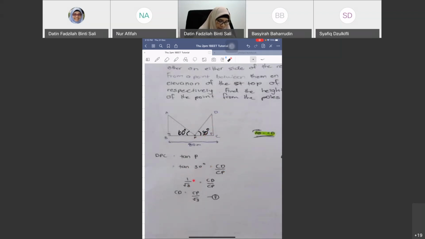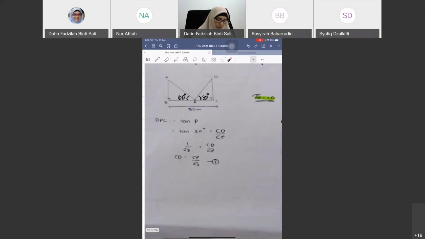Tangent 30 degrees is 1 over root 3, so you have CD over CP here. Your friend then expresses CD, which is the height of the pole: CD equals CP over root 3, because of the tangent 30. Basically, this is the first equation.